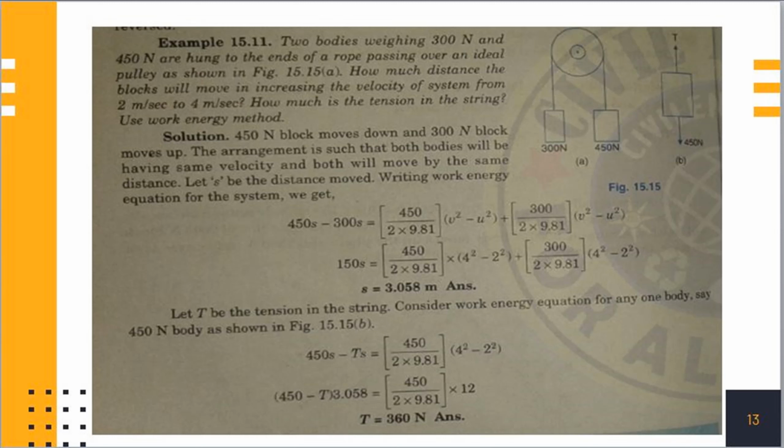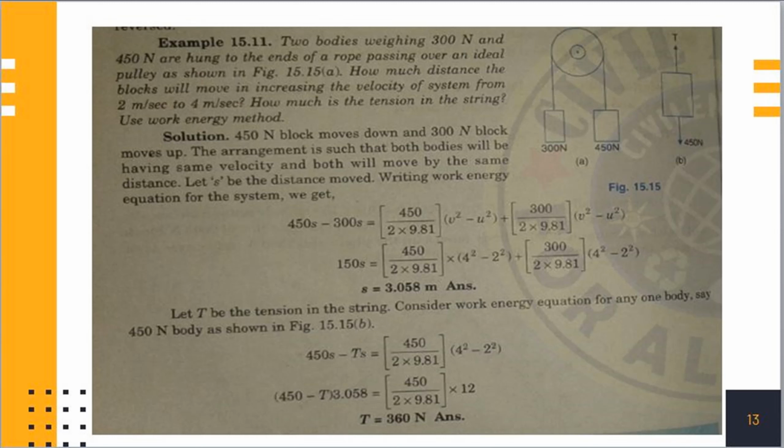Now, considering the 450 Newton block only, refer figure B. In this figure, the weight of the 450 Newton block is acting in downward direction, and let T be the tension in the string, which is in upward direction. Now consider the work energy equation for the 450 Newton body as shown in figure B. We get 450 into S minus T into S is equal to 450 divided by 2 into 9.81 into 4 square minus 2 square.